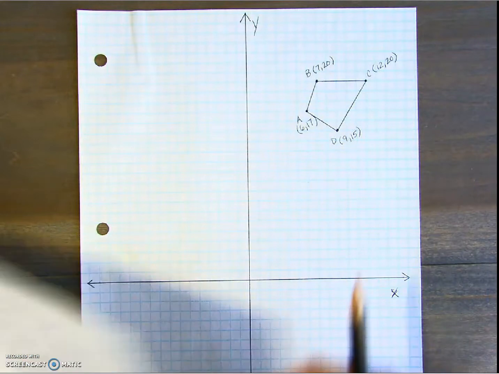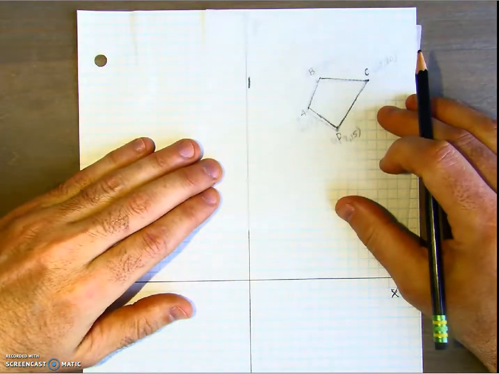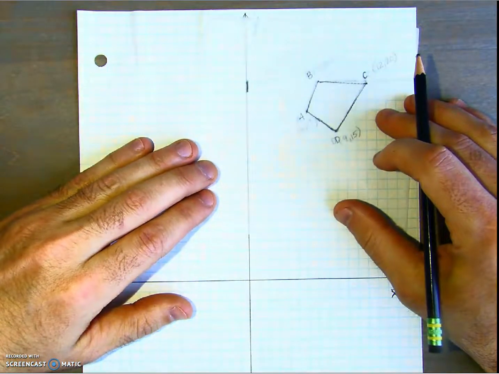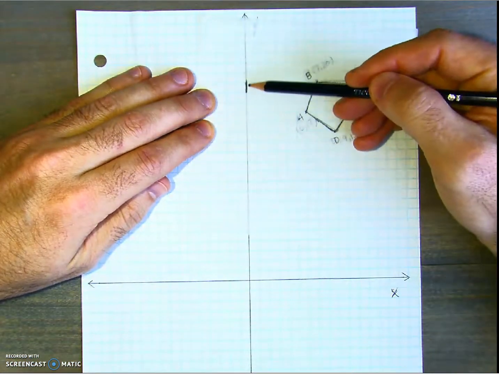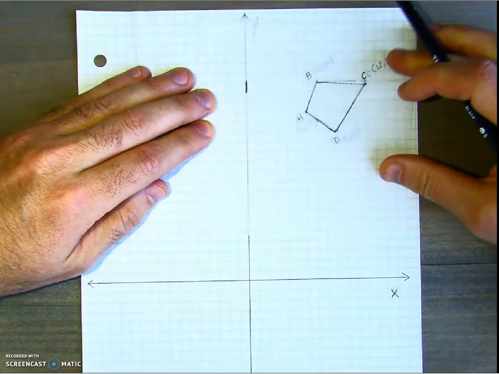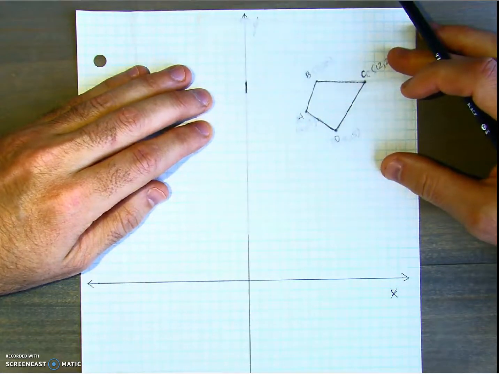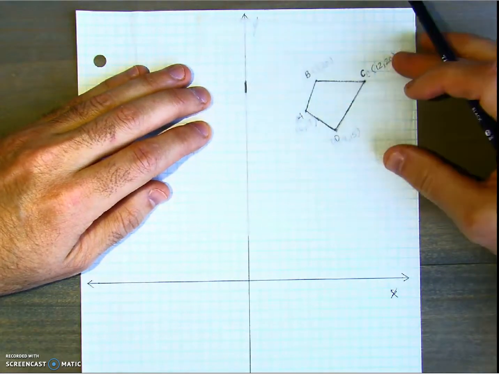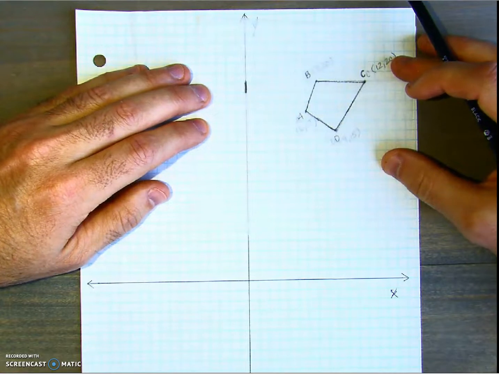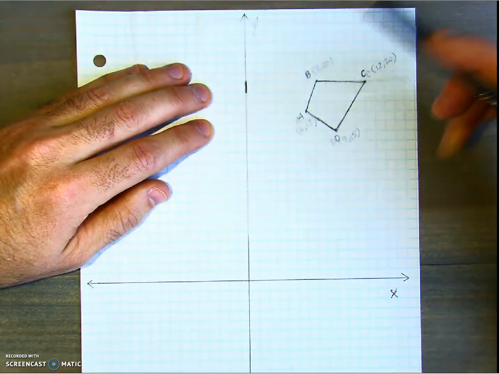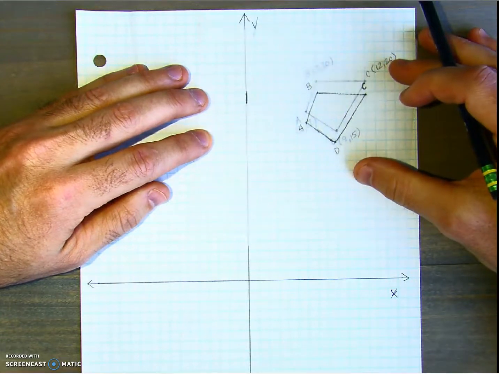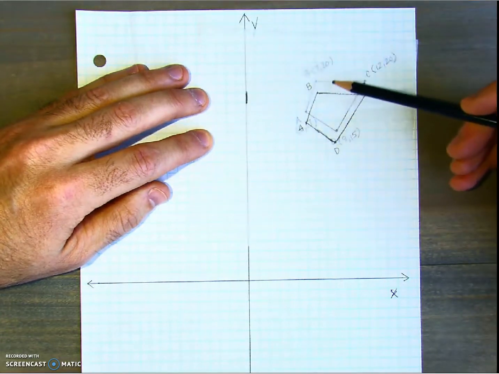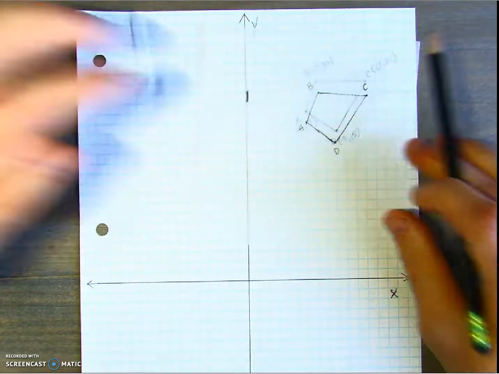Okay, so let's talk about what a translation is, or a slide is. I made a little mark right here on the y-axis so I could see how many units I've moved. If I move this down 1 unit, that would be a slide down 1. Take a look at what's happening to the image and the pre-image.